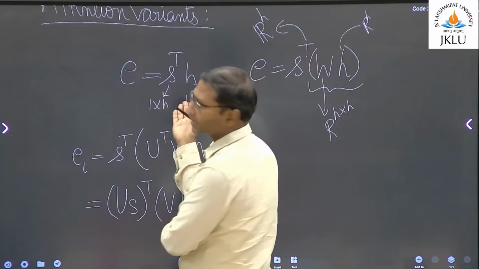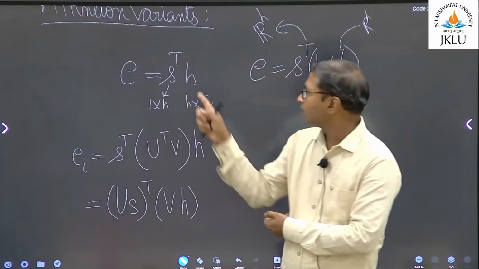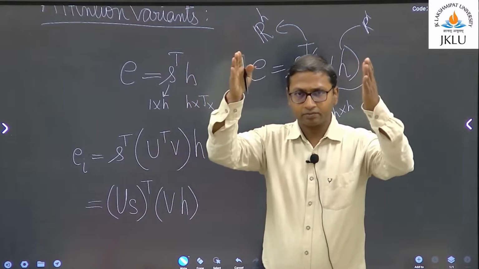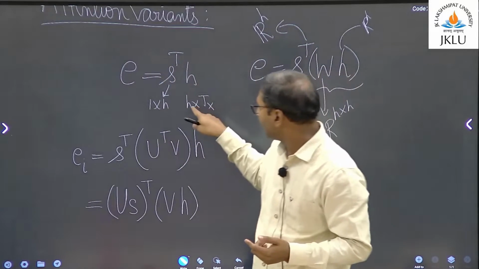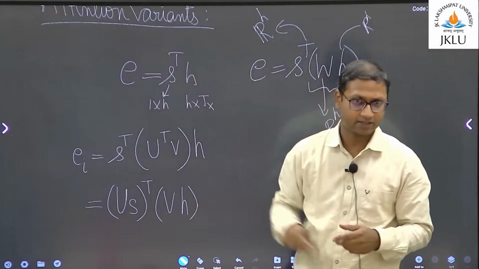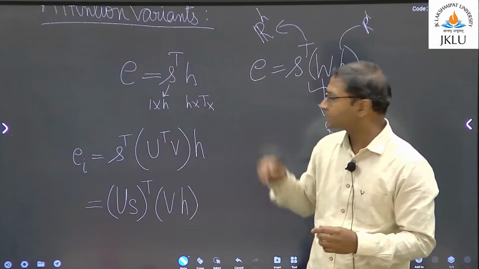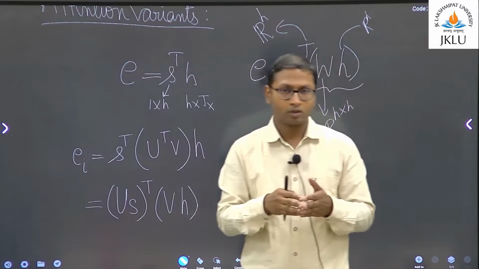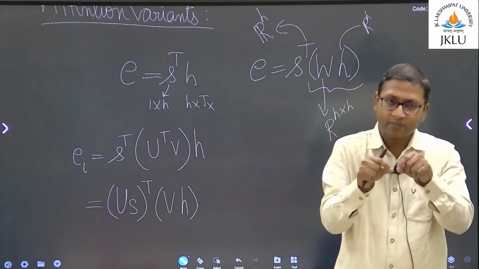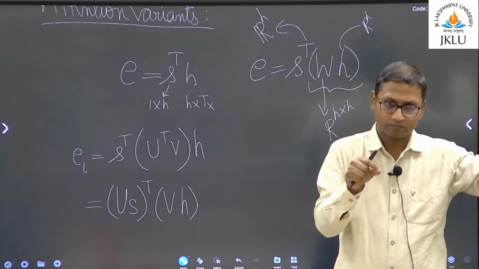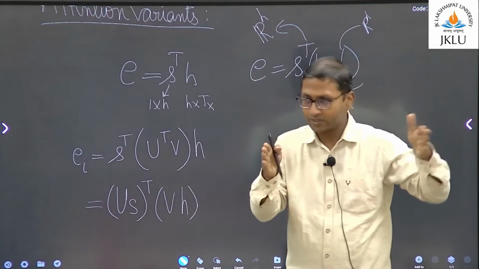Right. So, this is what we are essentially doing. If I write H as a matrix, H I am writing as H cross Tx. What is Tx? The total words in my encoder, in that particular sentence.